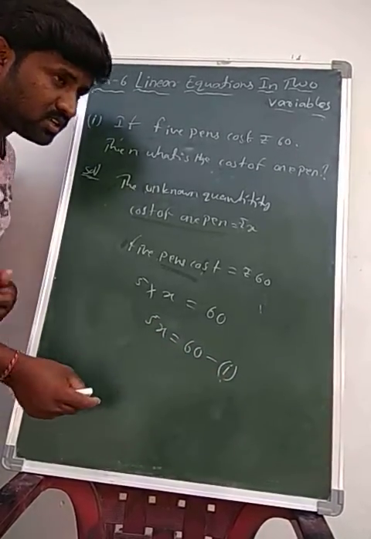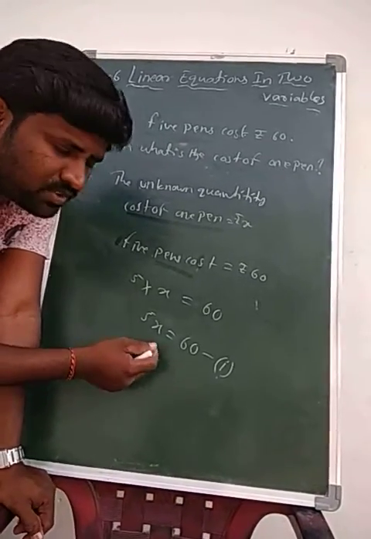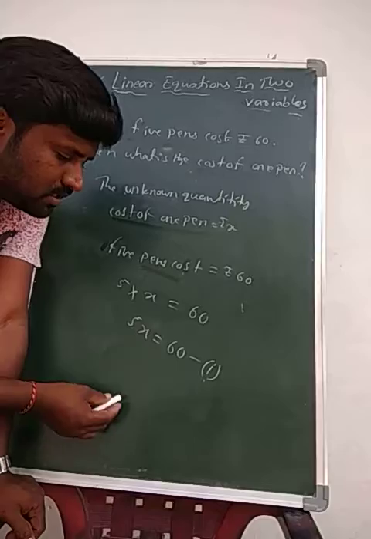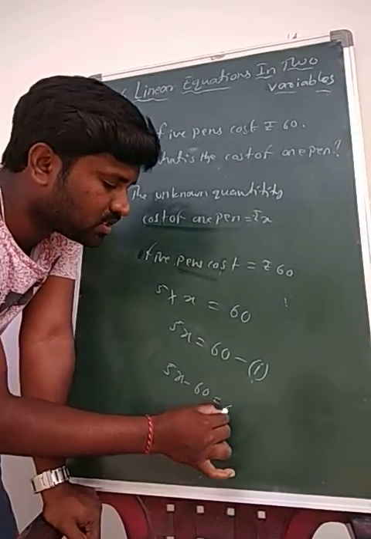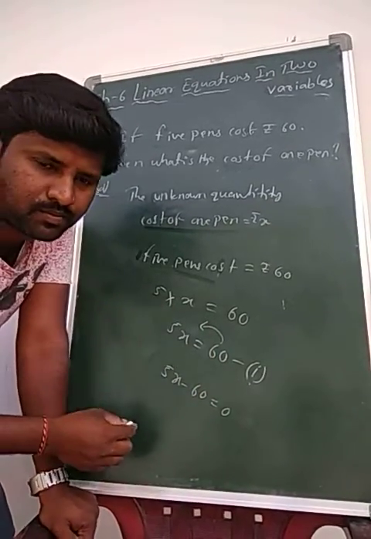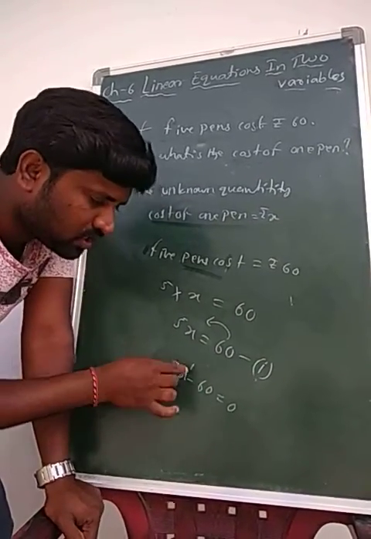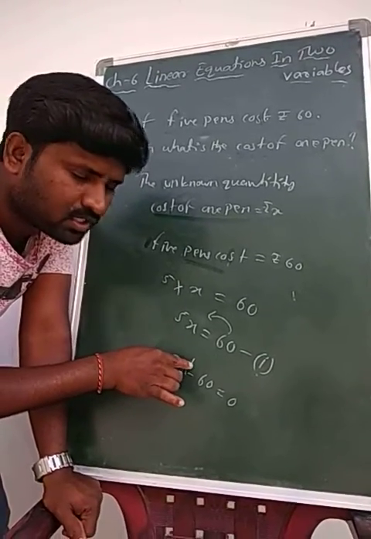So this is which type of equation? Clearly we can write 5x minus 60 is equal to 0 if we transpose 60 to the LHS. The highest degree of the variable here is 1.